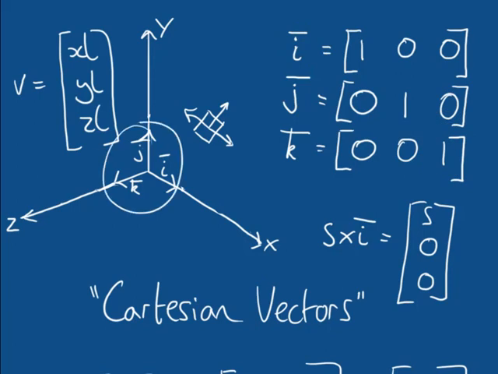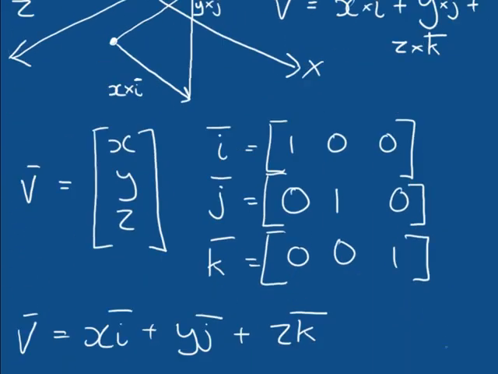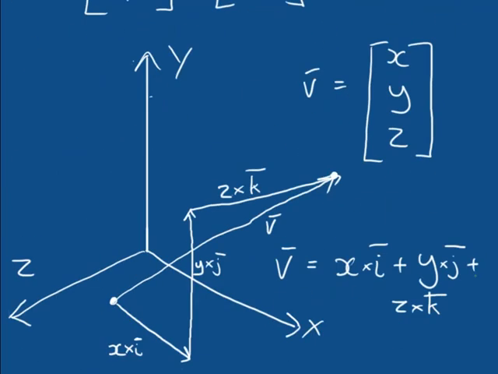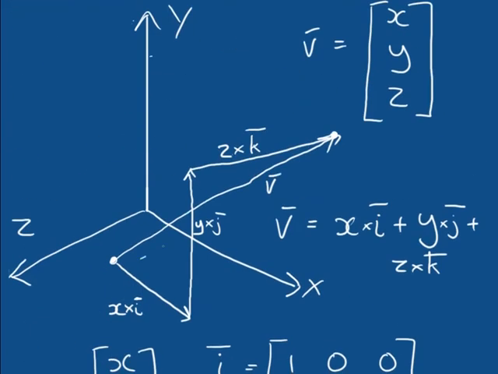That gives us these three vectors, and by scaling them by three scalar values, we can create any vector in our 3D space, because we know that if we take the Cartesian x component of that vector and multiply that by i, and add that to the y component of that vector multiplied by j, and add that to the z component of that vector multiplied by k, the result is going to give us the same vector.